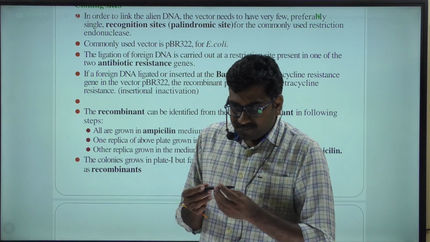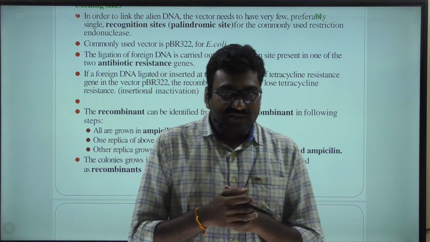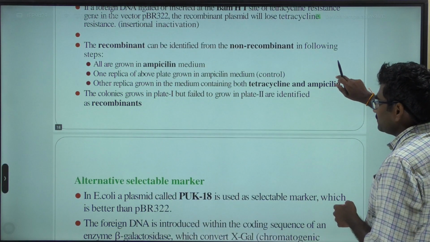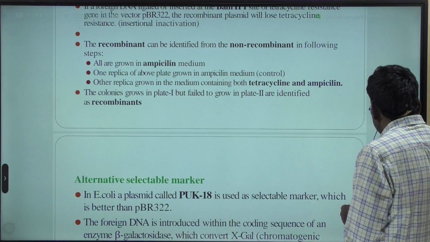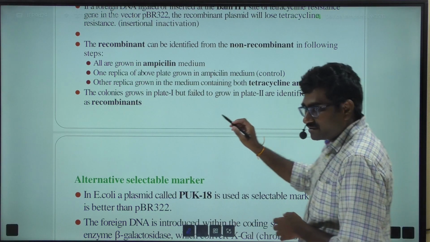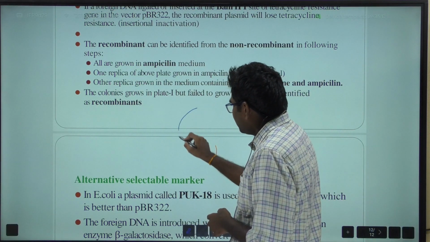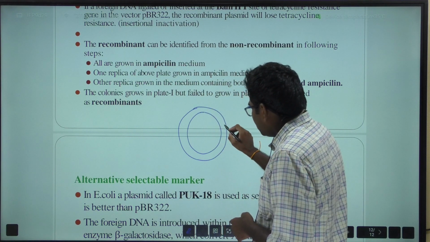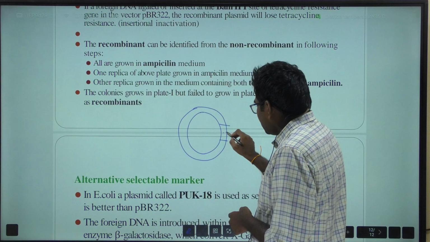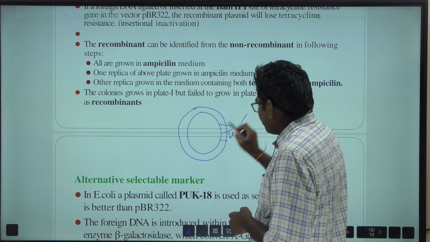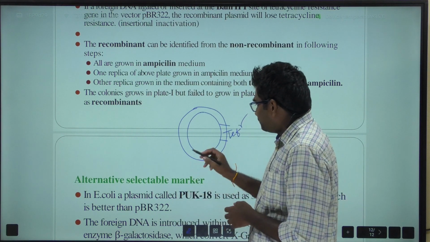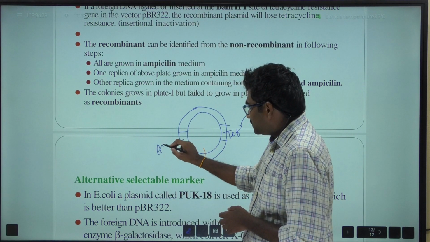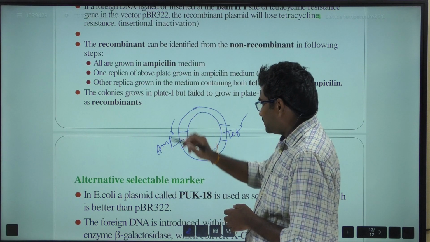So here, if we insert our gene of interest in the antibiotic resistance gene, for example, this is the plasmid. It has a tetracycline resistance gene encoding region, and an ampicillin resistance encoding gene.